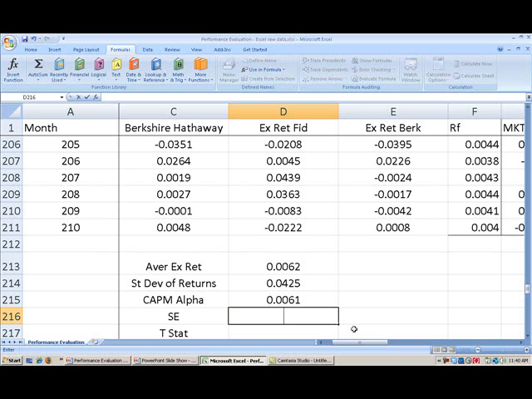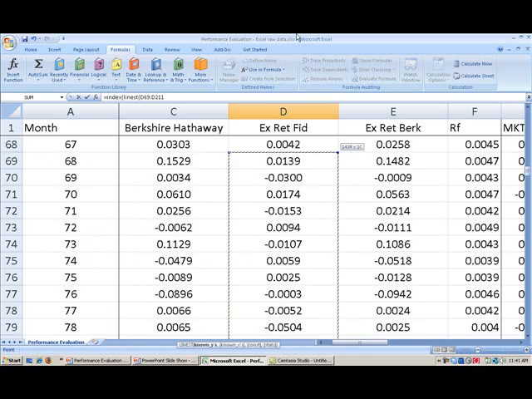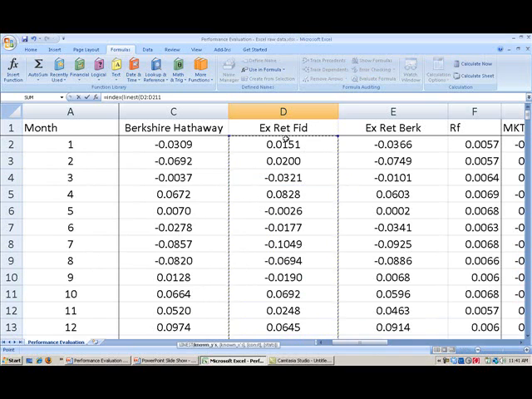We also need to calculate the standard error using a similar formula. But this time, to look at the standard error, we need to look in row 2 of column 2 rather than row 1.